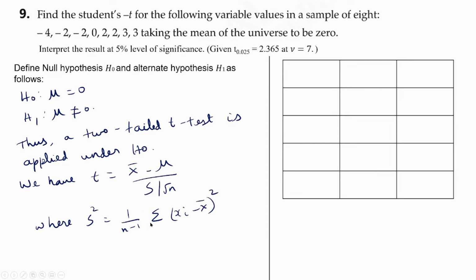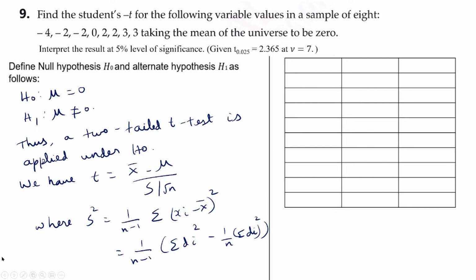Again here, since it will be difficult to find xi minus x bar the whole square, the calculation may become tedious. So let us take this as equal to 1 by n minus 1 into summation di square minus 1 by n summation di the whole square, where di is xi minus the assumed mean.